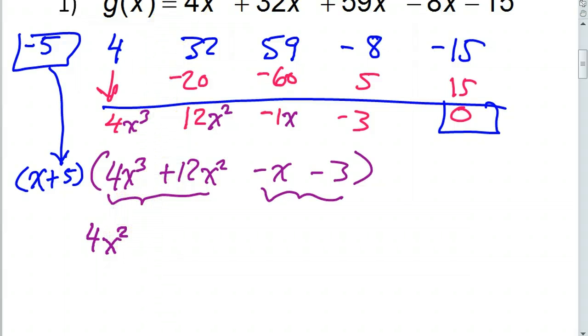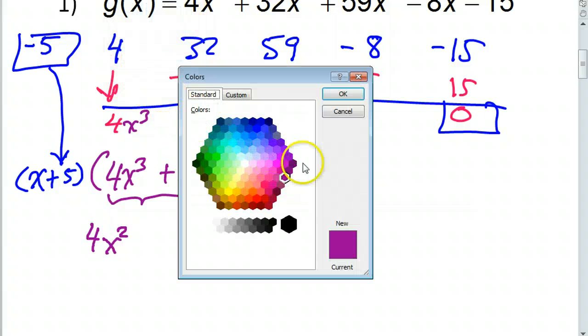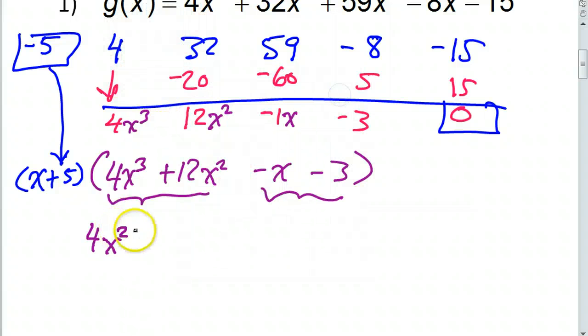Any questions about how I'm getting 4x squared as the GCF? Okay. And then you go ahead and put inside the parentheses whatever you would get if you divided by 4x squared. What would I get on the inside? X plus 3.